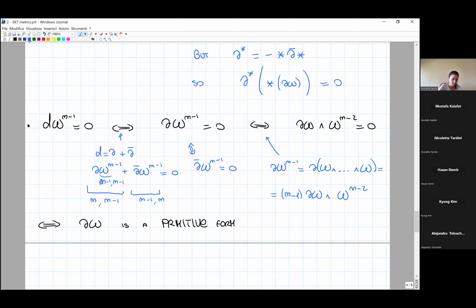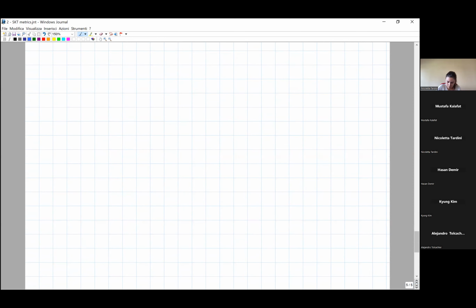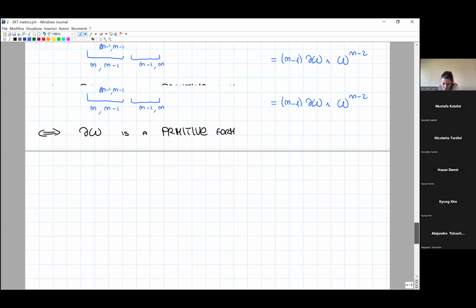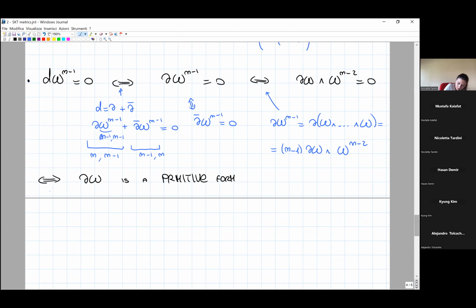What does it mean, primitive form? Let me recall the definition. Okay. So yesterday we mentioned the so-called Lefschetz operator that is just the wedge multiplication by omega, okay?